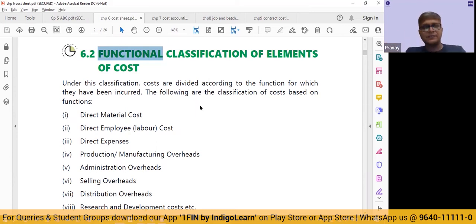Let me simplify this. So, if I purchase some raw material in one financial year and don't consume that, then what will happen? The raw material which I purchased will be there on the debit side of my P&L as purchases, and that same amount I am taking to my P&L as closing stock.